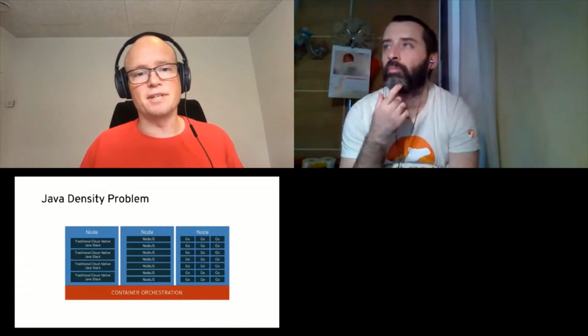Another product that we're going to touch upon is Camel Quarkus. So Java has been known to be slow, especially in two areas. It has a density problem on the cloud, at least. When you start to run your workloads in the cloud, then capacity or density problems actually matter. Because with alternatives, you can run a lot more Go or Node applications than even the best traditional cloud-native Java stack application, whether you're using Spring Boot or something else.